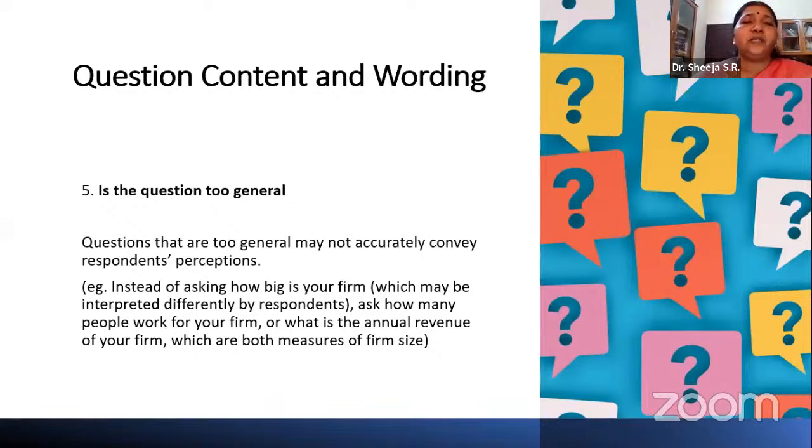In order to understand the size of the firm, you have to ask how many people work in your firm, or what is the annual revenue of your firm. From the answers you will get an idea about the size of the firm. Such questions should be very specific.